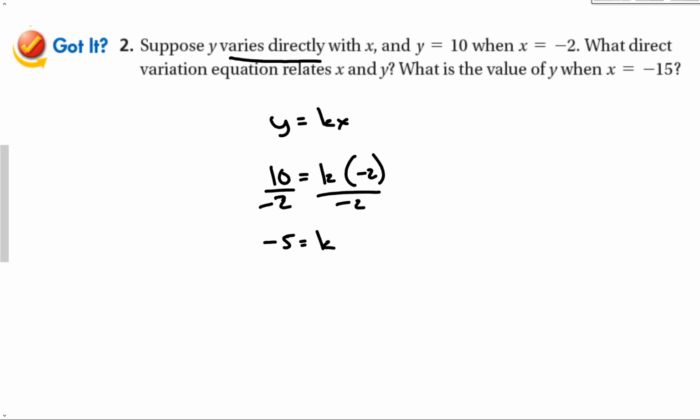Okay? Here's my equation. Y is equal to negative 5x. What is the value of y when x is negative 15? So now we just plug in negative 15, and multiplying negative 5 times negative 15 gives me a value of 75.